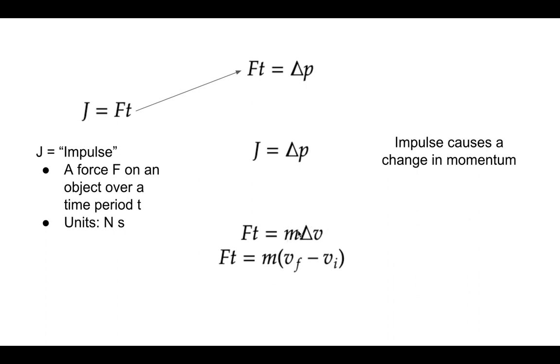We're usually not changing mass here. So I put my delta in front of velocity, and expanding that, because delta is final minus initial, I get impulse, force times time, is equal to mass times the quantity velocity final minus velocity initial. And so this is our derived equation for that term impulse.